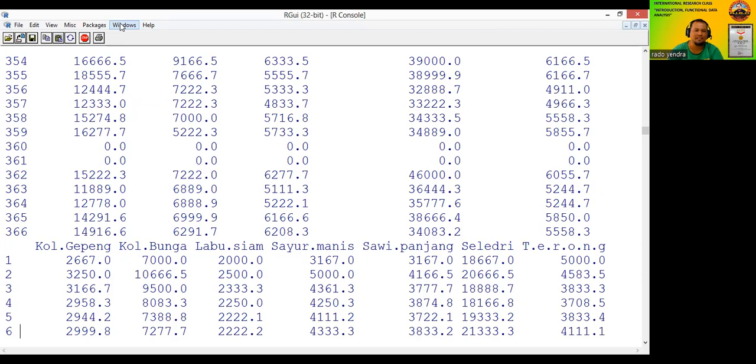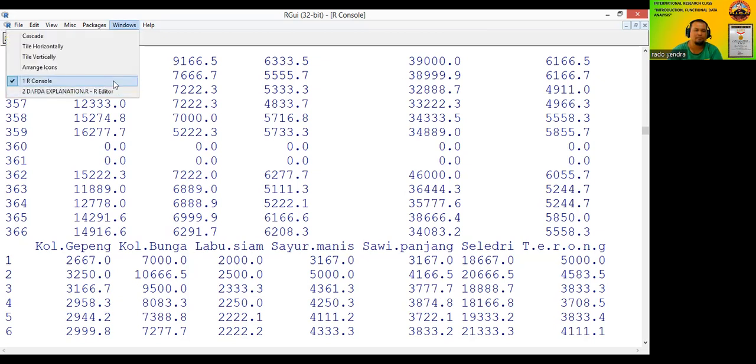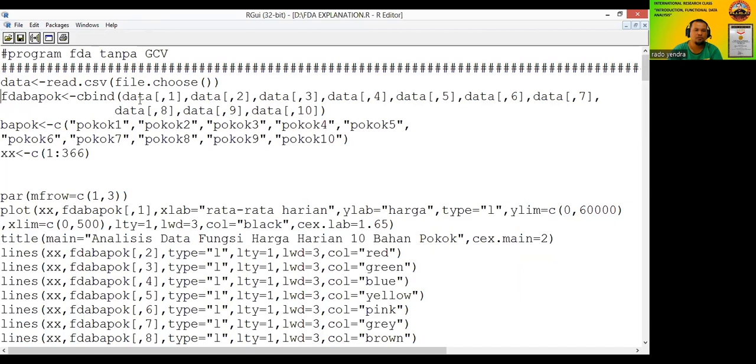For our discussion today, we only use 10 basic commodities. We only use the 10 variables. The variables are basic commodities. We use only the data in column 1, and then data in column 2 until the data in column 10.